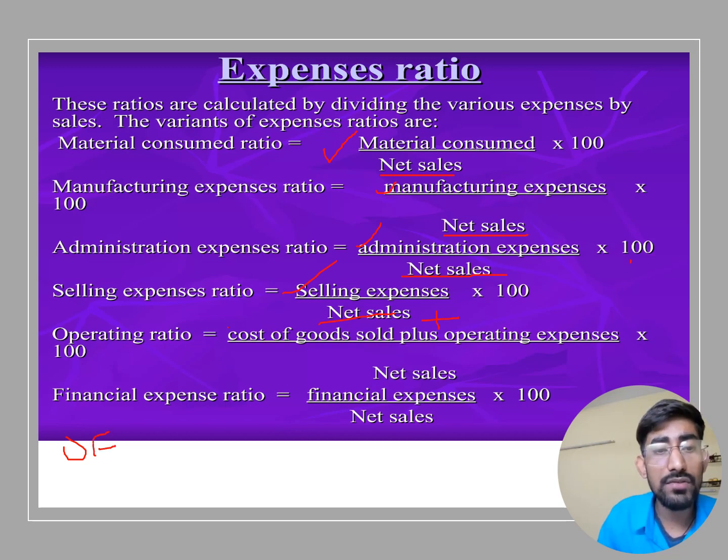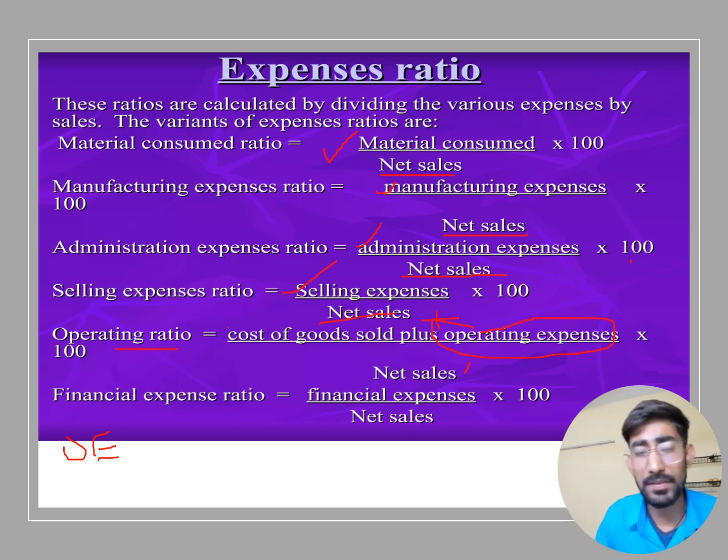In this ratio, we use only the operating expenses part and divide it by net sales into 100 to get the operating expense ratio. But for the operating ratio, just remember one thing: we also include our cost of goods sold with the operating expenses, and then multiply by 100.